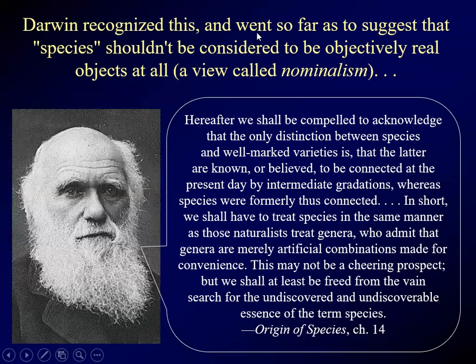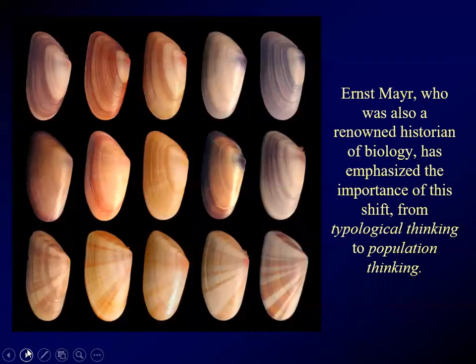This may not be a cheering prospect, but we shall at least be freed from the vain search for the undiscovered and undiscoverable essence of the term species." That's the shift from typological thinking to population thinking that has been identified as such an important turning point in biology by Ernst Mayr.